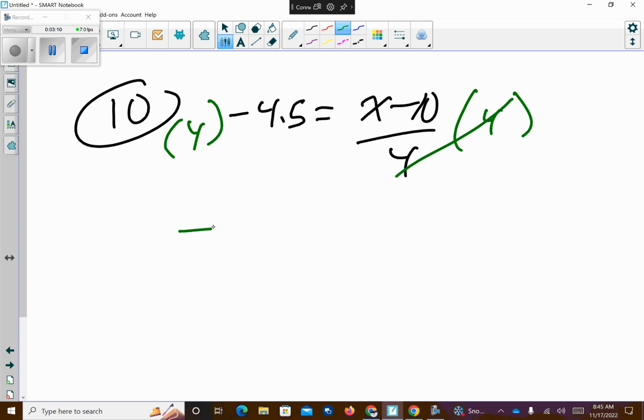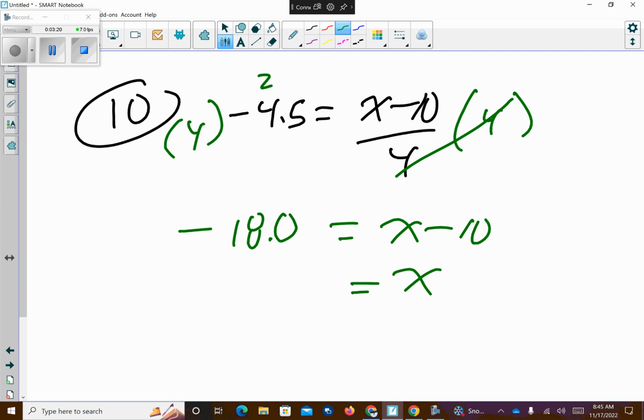So that's going to give me negative 18.0. X minus 10, so X equals negative 8. I believe I did that right. And then explain what a positive Z-score represents in the context of this question. Something like an investment return that is above average is a positive Z-score.